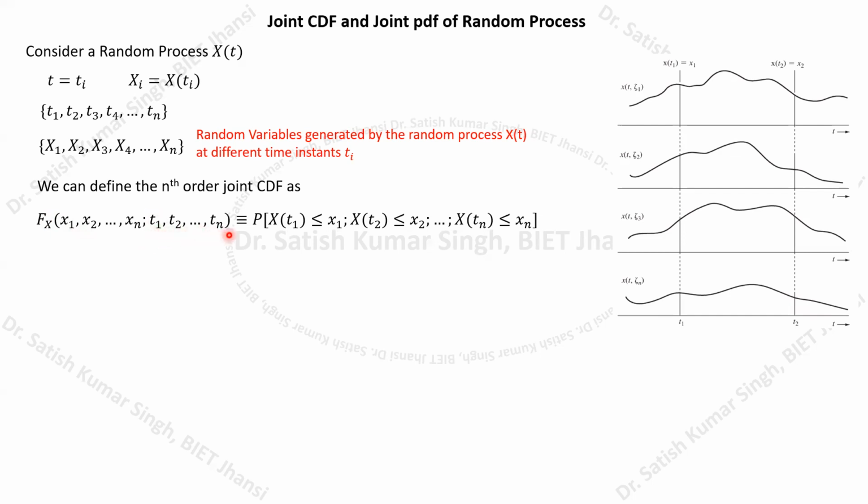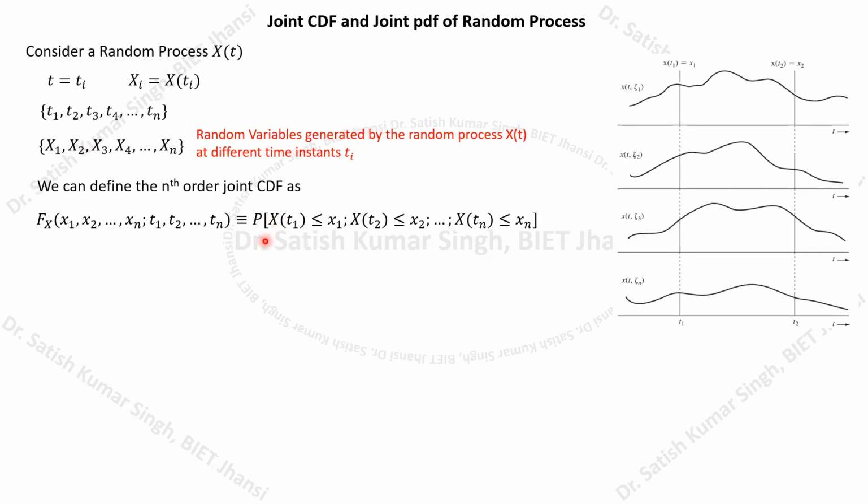What does it mean to write this particular equation? This equation means we are interested in a particular probability. Here we are writing capital X in brackets t1. This represents the outcome of this random process at t equals t1, and that outcome is your random variable X1.